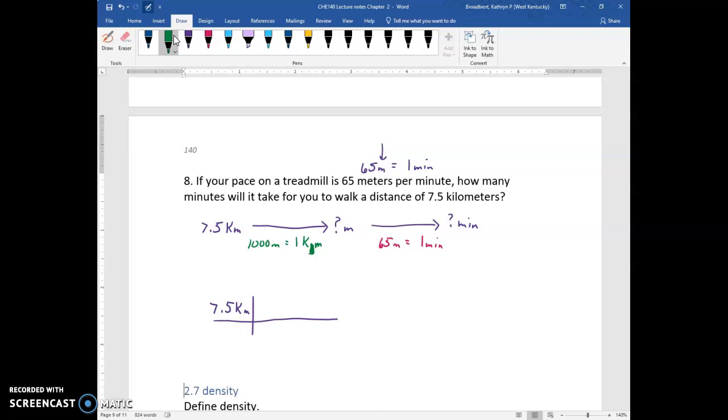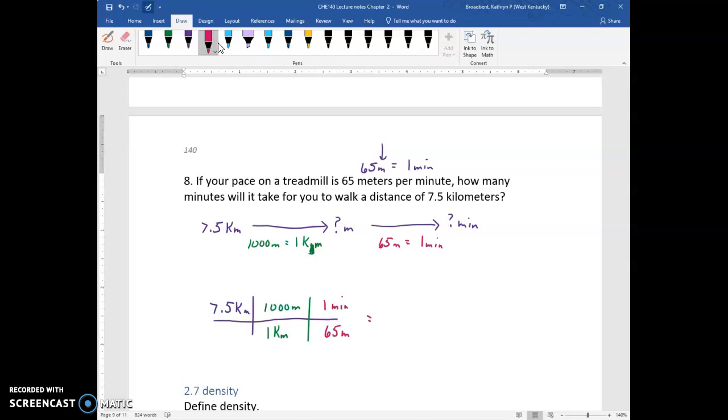That's the one we're trying to get rid of. So we're going to put our 1 kilometer in the bottom and our 1,000 meters in the top. For our second conversion, we're trying to get rid of meters. So we'll put our 1 minute in the top and our 65 meters in the bottom.